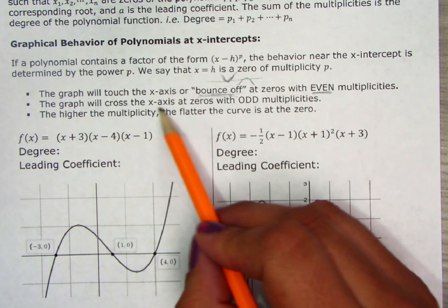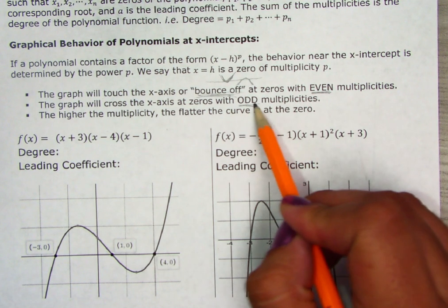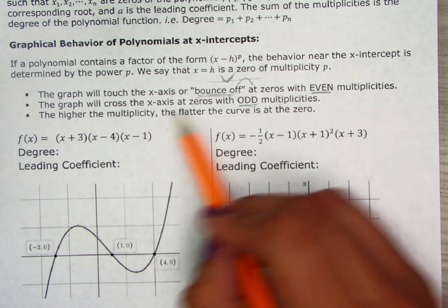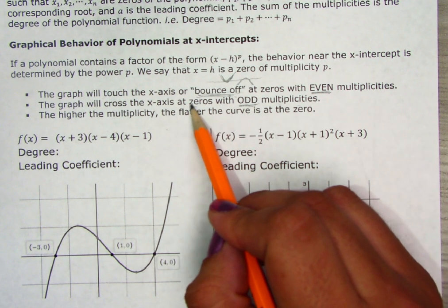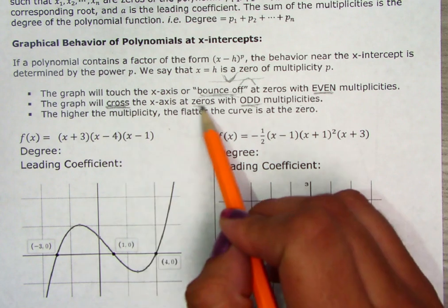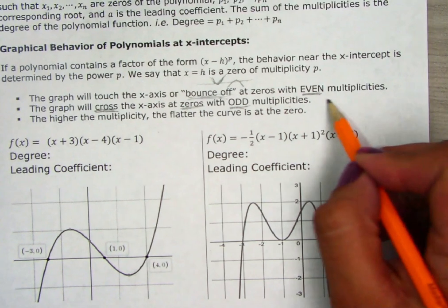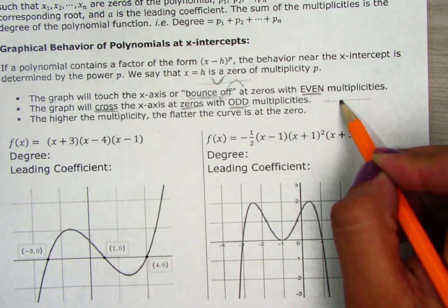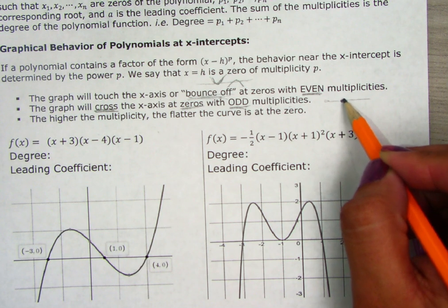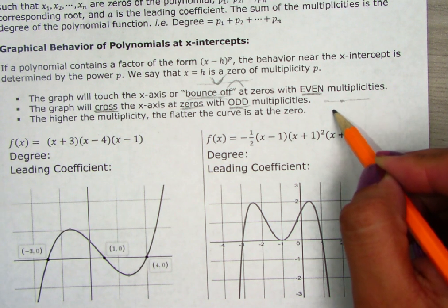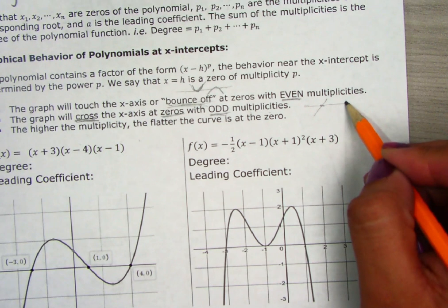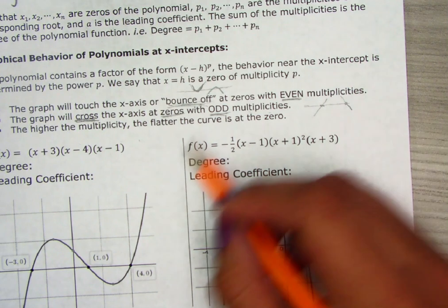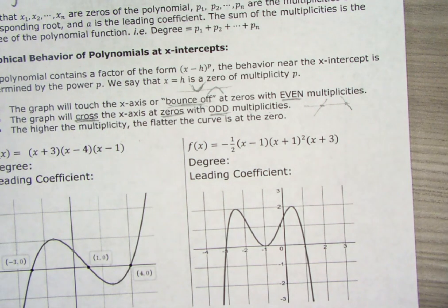The next part to consider is if it's an odd multiplicity or an odd exponent, then it crosses there. It's going to cross at that zero. Picture a line, and wherever that zero, the x-intercept, is at, it's going to cross it, whether it looks like that or like that, just based on the direction of the sketch.